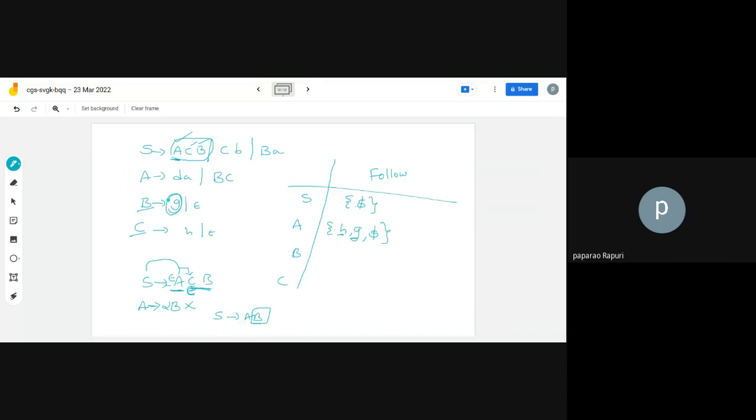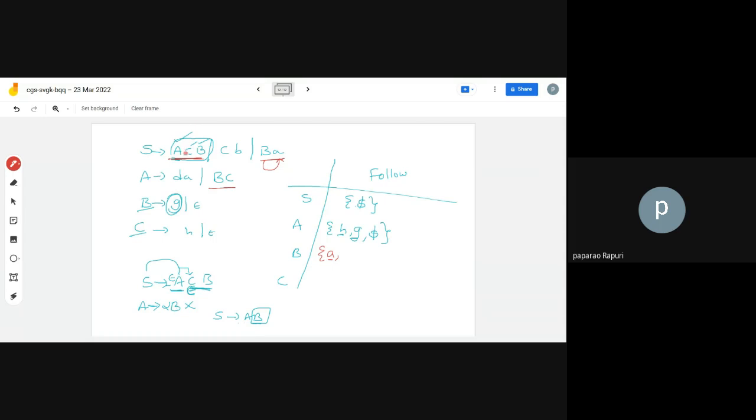And coming to follow of B, we are having it at two positions. From here we can construct the follow of B, and from here also we can construct the follow of B. From here, follow of B means first of A. So simply I can write follow of B is equal to small a.